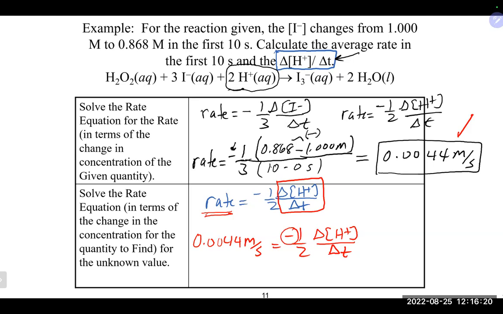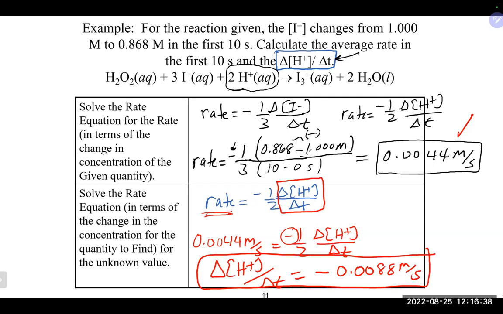And that would give us 2 times 0.0044, with the negative, would tell us that the change in the concentration of H plus over the change in time is negative 0.0088 molar per second. Now, does that make sense for the H plus in terms of its sign?